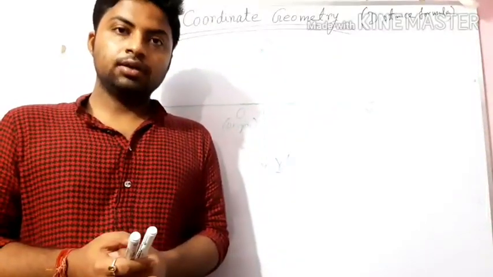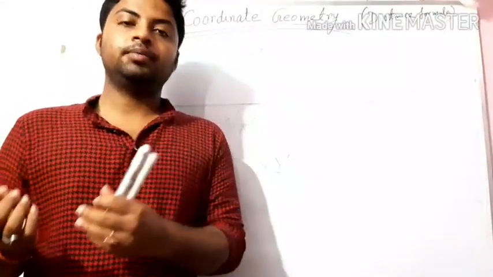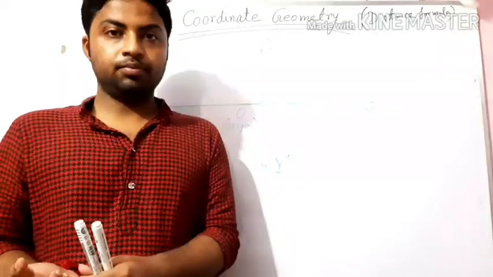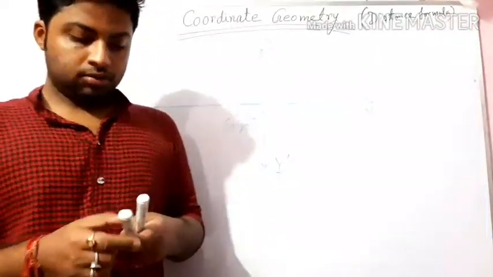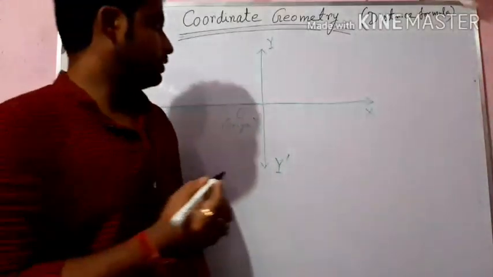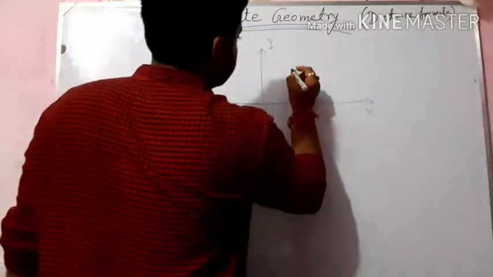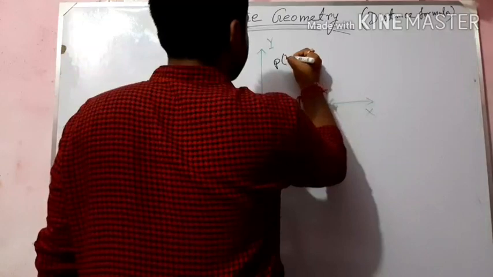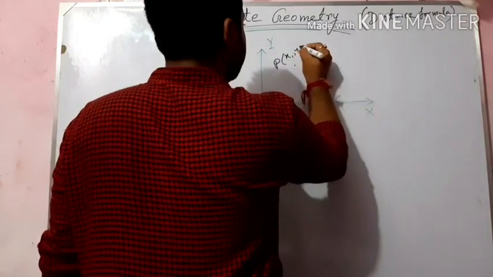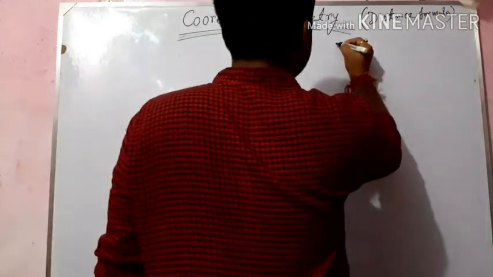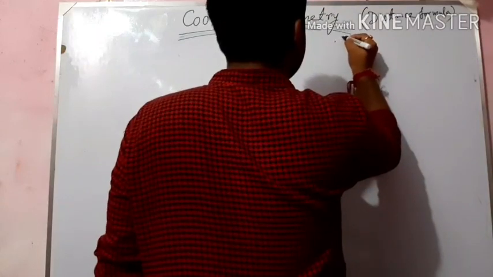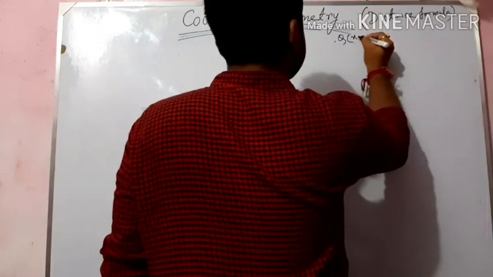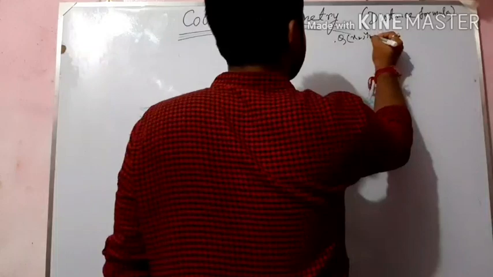Distance formula is nothing but the direct application of Pythagoras theorem. Look at the board, you will understand this. Suppose a point P whose coordinate is x1, y1, and another point is Q that is x2, y2.